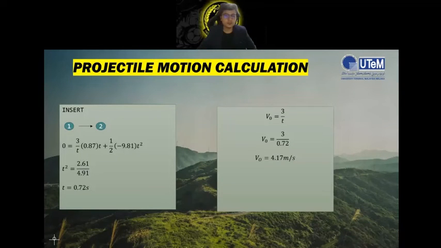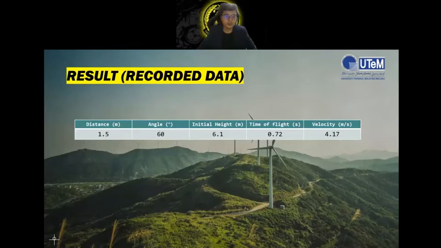The recorded data is 1.5 meter for distance, 60 degrees for angle, initial height 6.1, time of flight 0.72, and velocity 4.17 meter per second. That's all from me. I will pass to the next presenter.